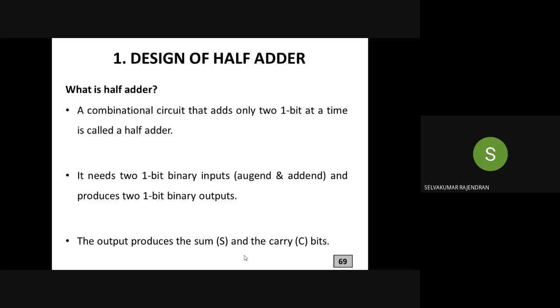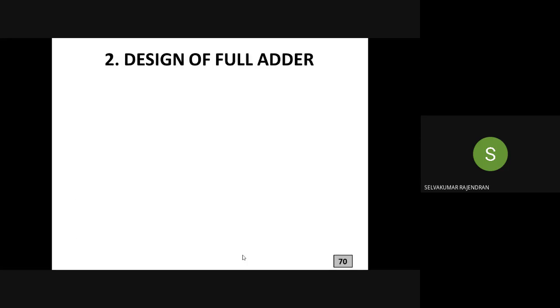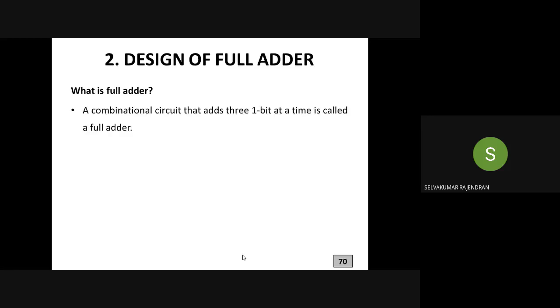If I'm adding input A, which is 1 bit in length, and input B, which is also 1 bit in length, by adding these two 1-bit values A and B, a half adder can generate 2 possible outputs, both 1 bit in length: sum and carry. And full adder means it can add 3 1-bit values at a time.